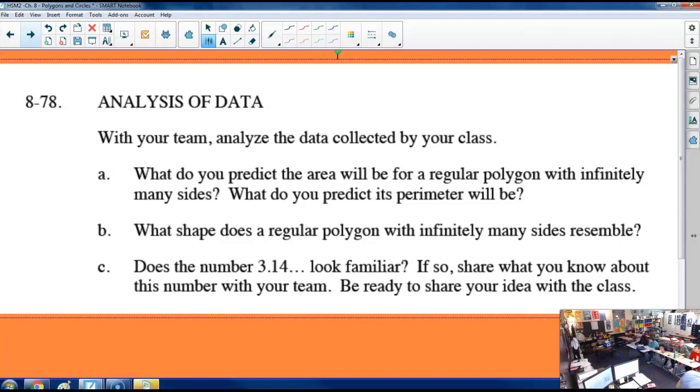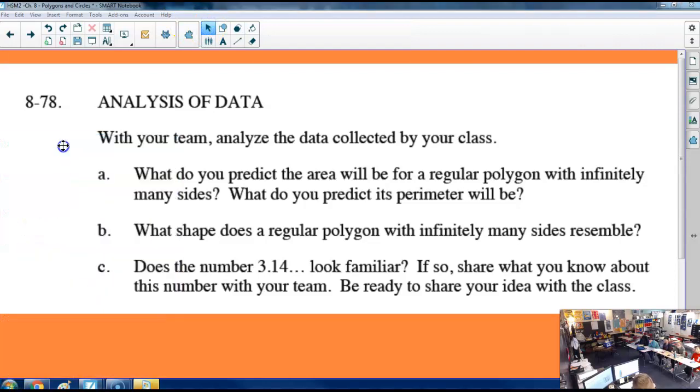Or at least that's kind of our argument, not an infinite amount of polygons, but a polygon with infinite sides, right? If we had a big class, this would be a little bit easier. But if we actually do all of this data, here's what we come out to get.